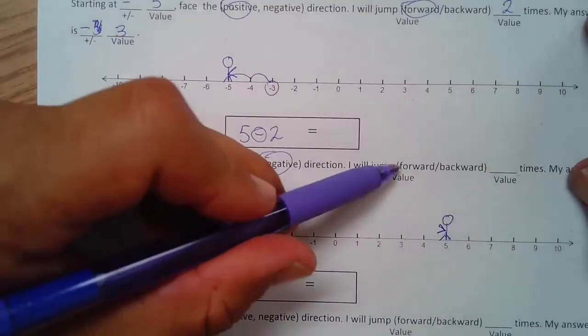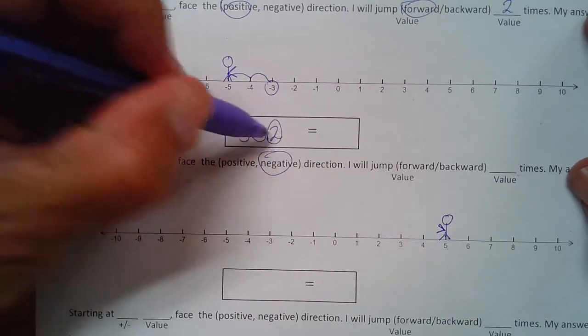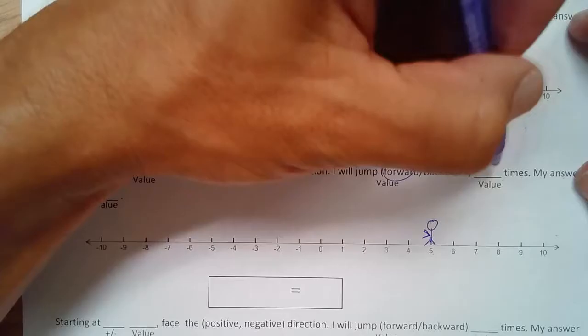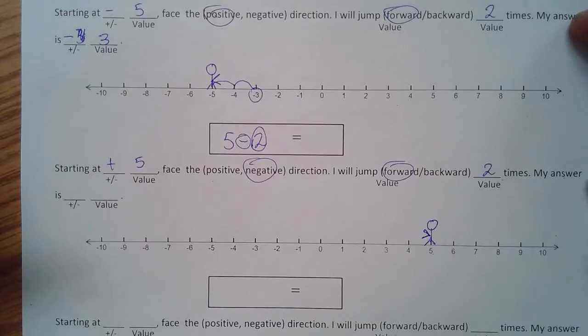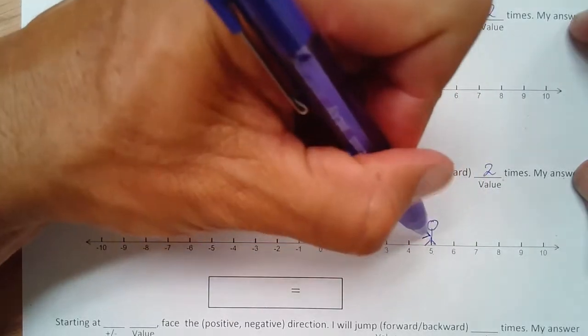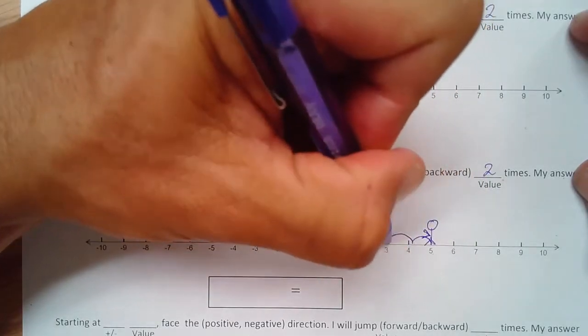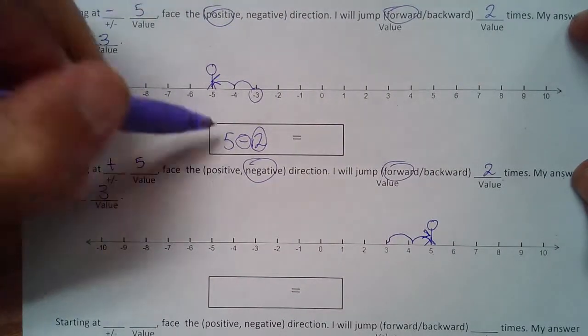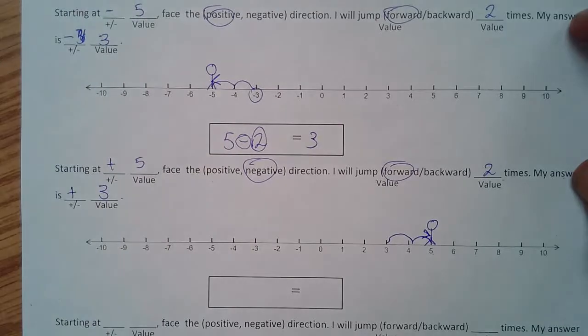I will jump. This is a +2, so I have to jump forward 2 times. If I jump forward, facing that direction, 1, 2 times, my answer is +3. And we already knew 5 minus 2 equals 3. But this is breaking down each part of this and how you're moving on the number line.